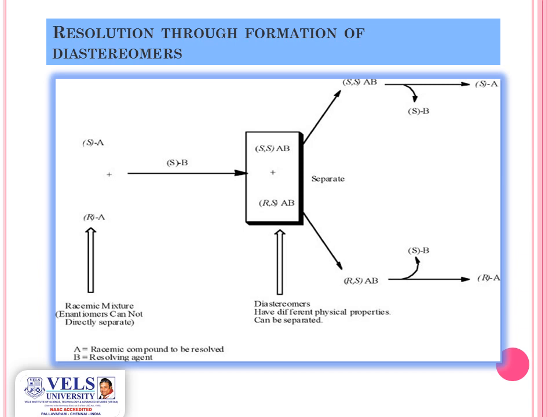Generally, diastereomers have different physical and chemical properties. So, in the next step, we can separate both the diastereomers either by conventional method, fractional distillation, or by chromatography. In the last step, we have to remove the component B so that the original enantiomers A can be separated effectively.